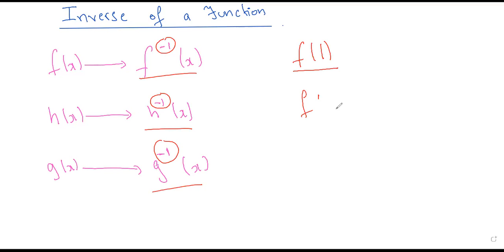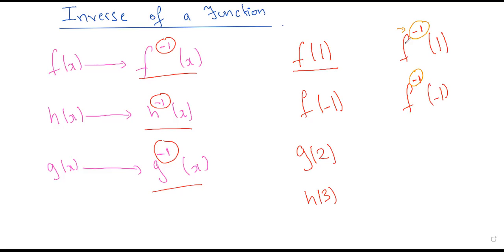F of minus 1, this is the function. G of 2, this is a function. H of 3, this is a function. F inverse of 1 is basically an inverse function. F inverse of minus 1 is an inverse function. We only need to focus on this thing. Okay, so for inverses, we have minus 1 in the power, right? That is how we define the inverse function, right?